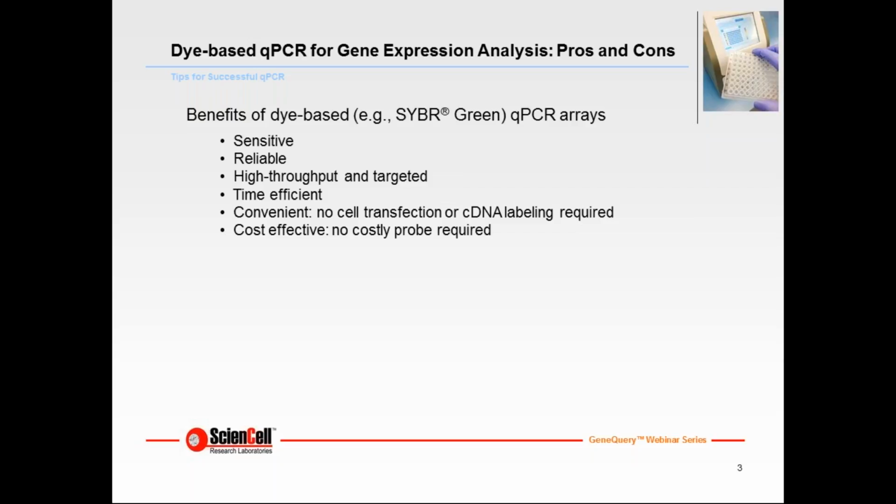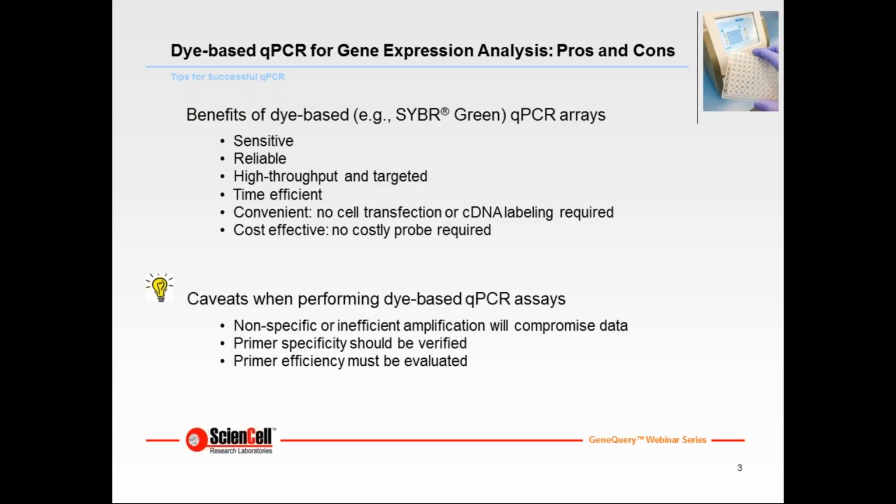Compared to other methods, such as reporter gene assays or cDNA microarray, qPCR assays are more time efficient and convenient in experiment design and operation. Compared to probe-based qPCR assays, dye-based systems are desirable because they're highly adaptable and cost-effective.